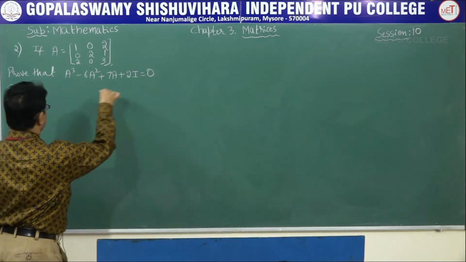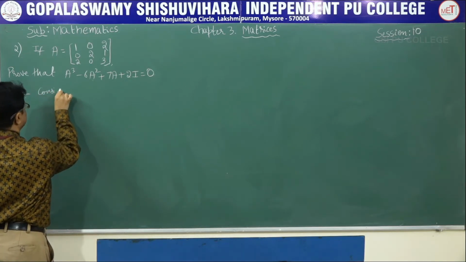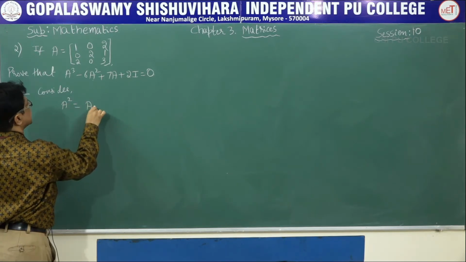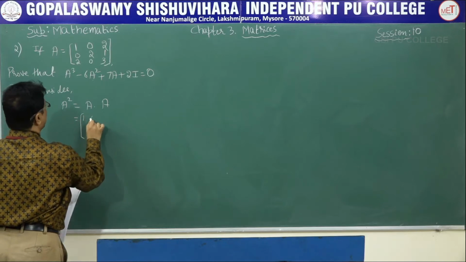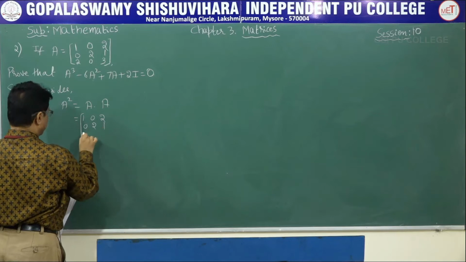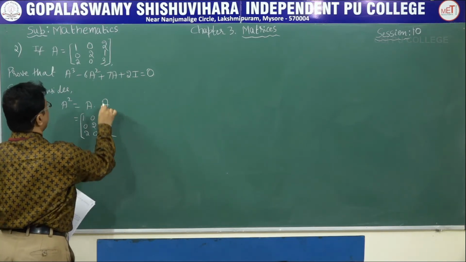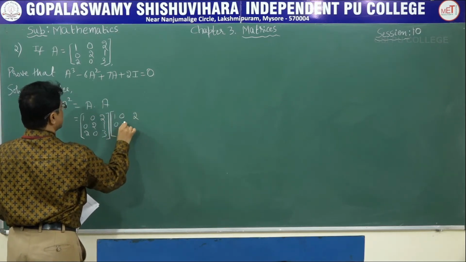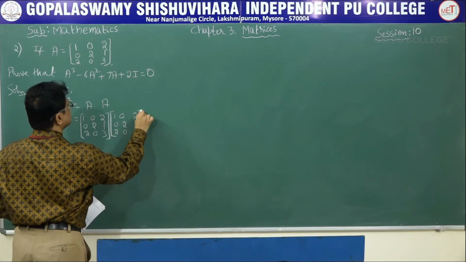So first let us find A square. So consider A square. A square is A into A. So A is 1, 0, 2, 0, 2, 1, 2, 0, 3 into A, 1, 0, 2, 0, 2, 1, 2, 0, 3.